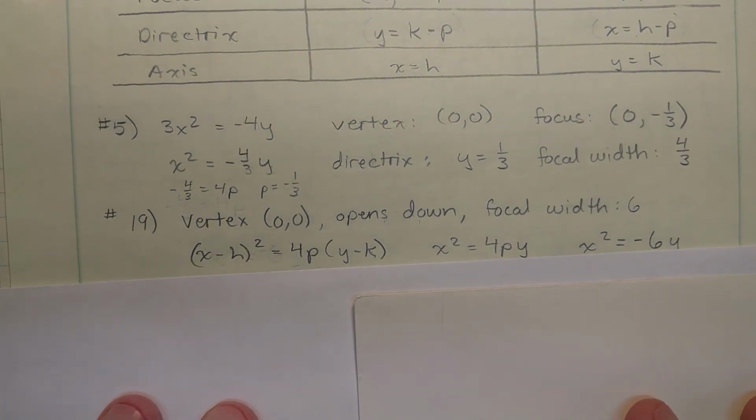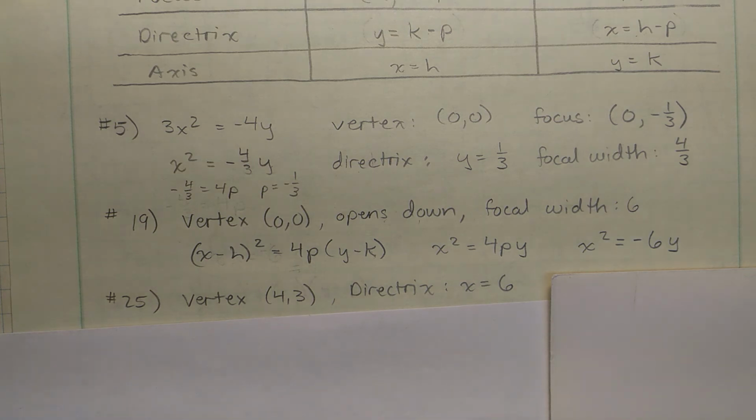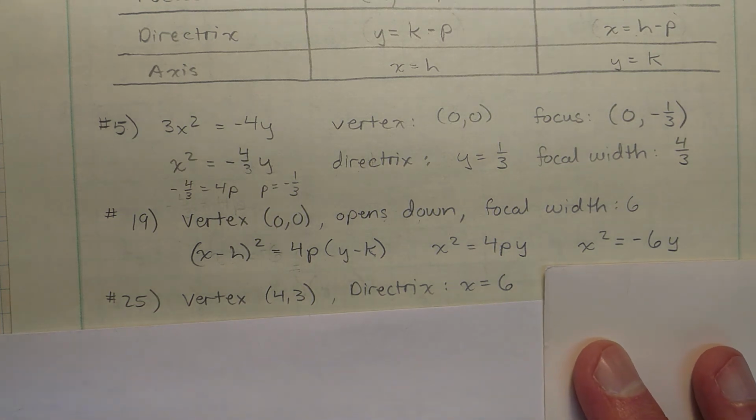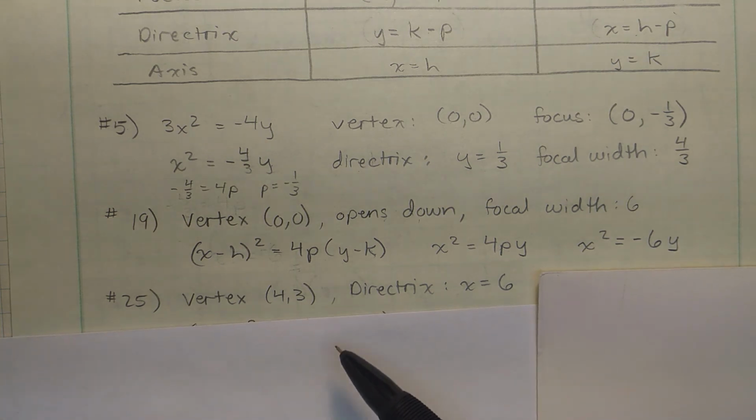All right, let's look at another one. Same type here. We're given a vertex of 4, 3. We're given a directrix of x equal to 6. And that's all we have. So first I have to figure out which way this opens.